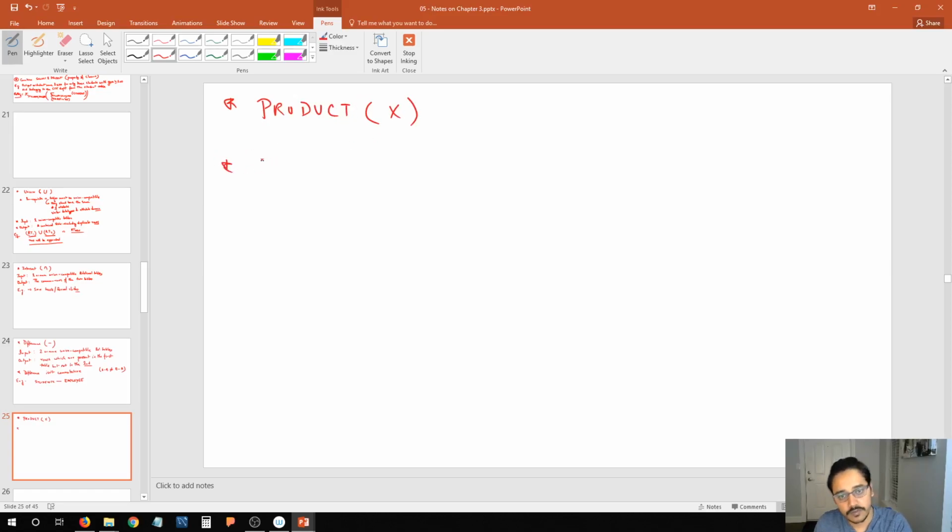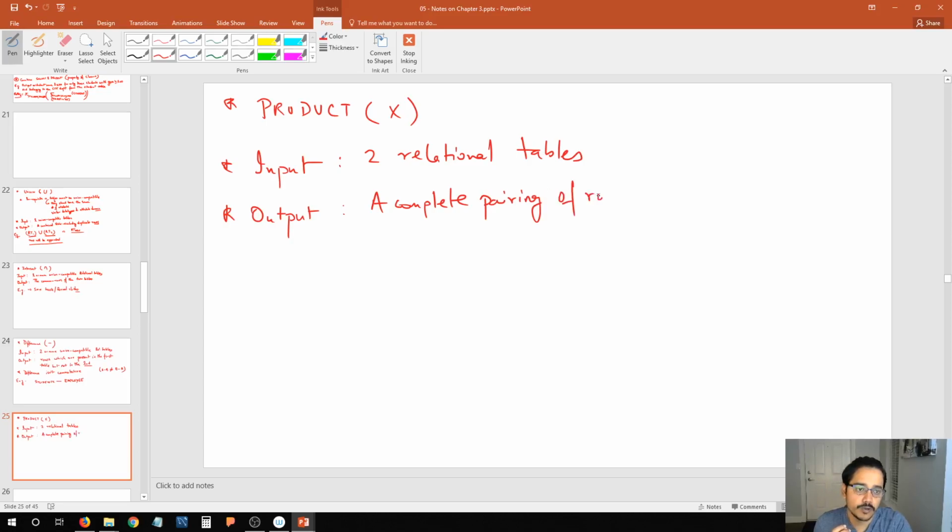So the input is basically two relational tables and the output is a complete pairing of rows from one table with another.